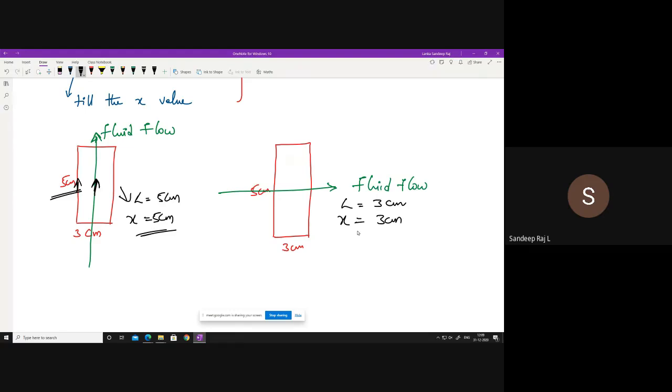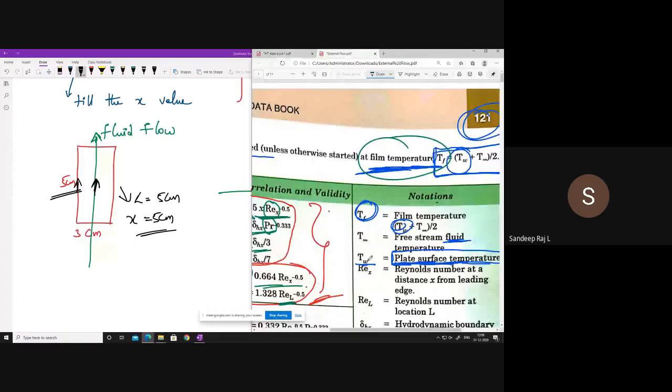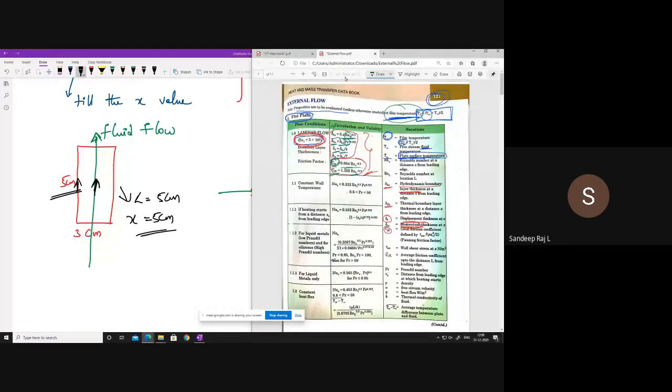Do you have any doubts at this level? Please ask. I'm trying to give you an overview of how to use the things that are there, the kind of nomenclature that is there in the data book. See, you will be finding the various things here. Let me erase this completely, then you'll understand it a bit better.